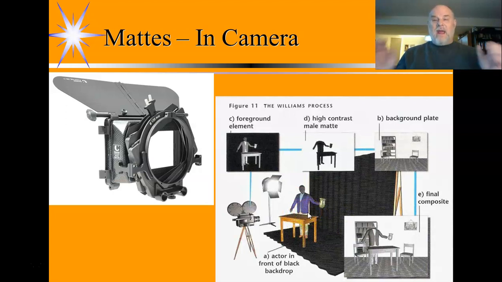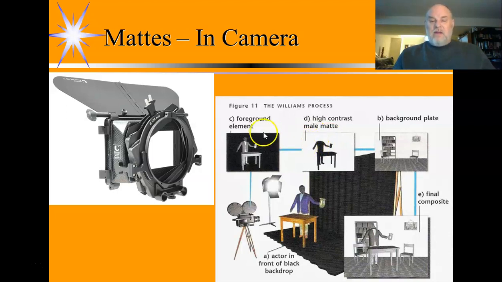So what the camera would capture is the actor in the foreground doing whatever action, and using whatever props the actor was using. But because the background was black, the camera would record no light. A mask would then be created of the area where the actor had been performing. You can see this mask that's been created here.